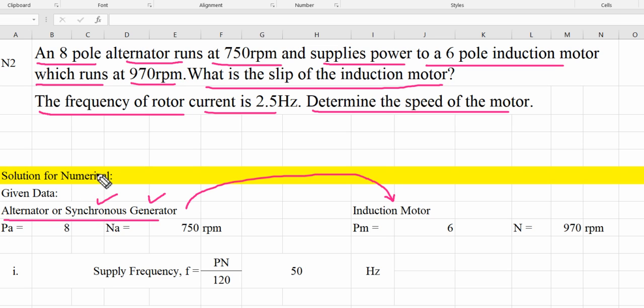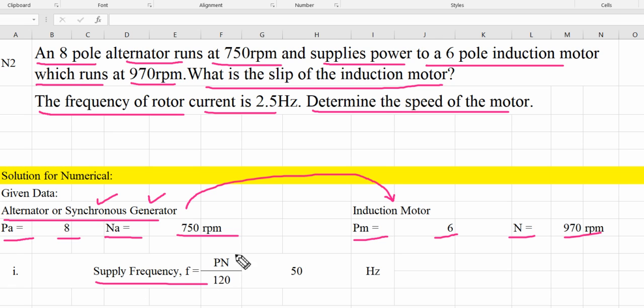With respect to the alternator, the number of poles is 8 and the speed is 750 rpm. With respect to the induction motor, the number of poles is 6 and the speed is 970 rpm.